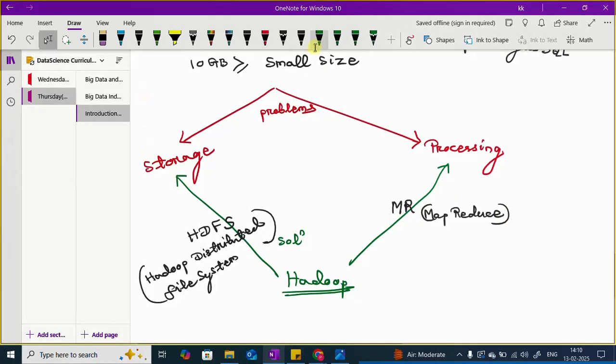So Hadoop is nothing but, I can say, a distributed platform or ecosystem, whatever. Fine, clear.